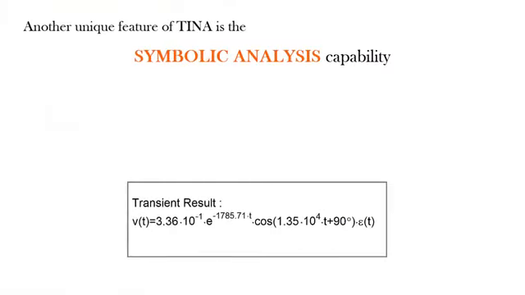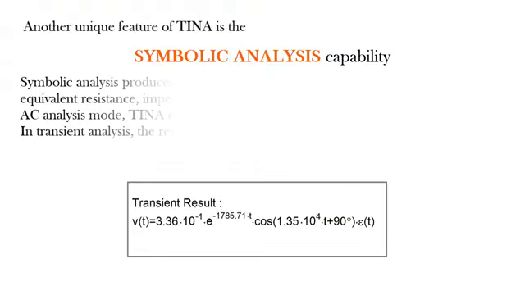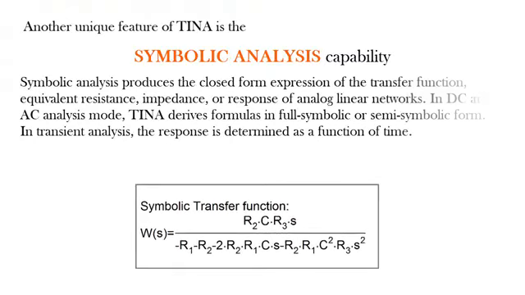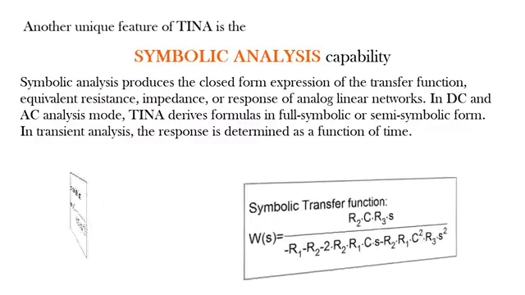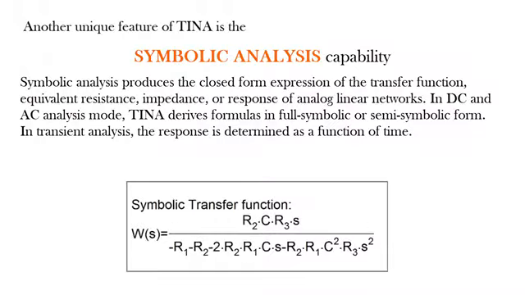Another unique feature of TINA is the symbolic analysis capability. Symbolic analysis produces the closed-form expression of the transfer function, equivalent resistance, impedance, or response of analog linear networks. In DC and AC analysis mode, TINA derives formulas in full symbolic or semi-symbolic form.